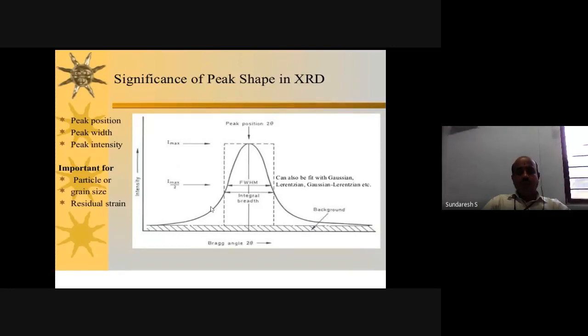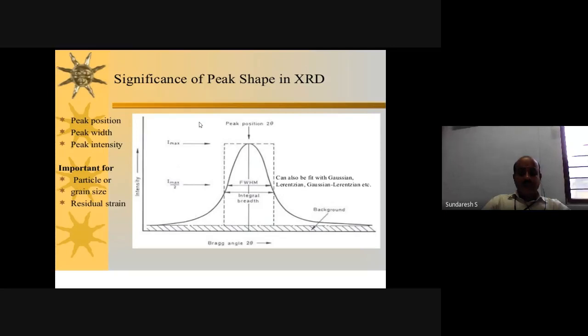When you want to ascertain the different phases of the compound through which X-ray diffraction is taking place, there is the peak position, the peak width, and the intensity. This is what we call the significance, and these peak shapes are very important for us to know the particle size, the size of the grain, as well as the residual strain.